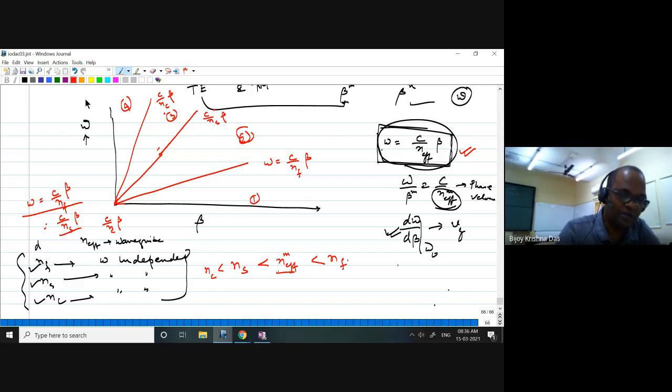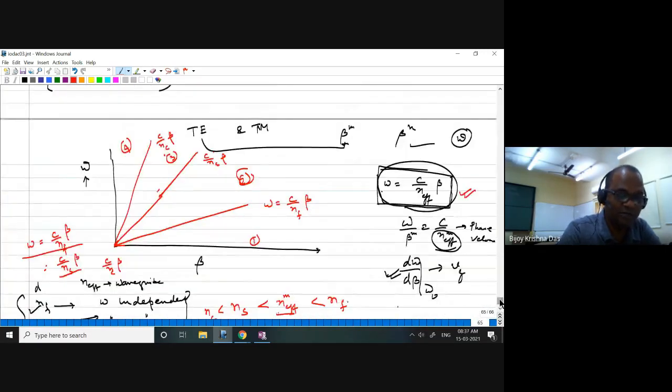Can you expect the curve at lower beta to give higher omega or lower omega solutions? Ultimately, you have to solve and plot those equations, but can you guess what the nature would be?